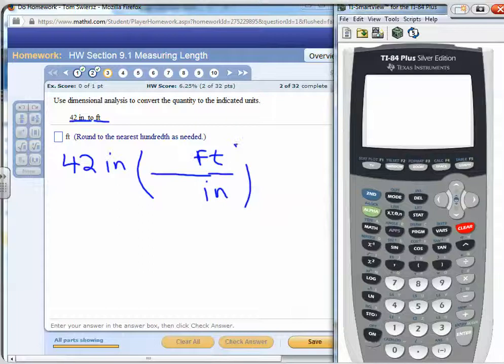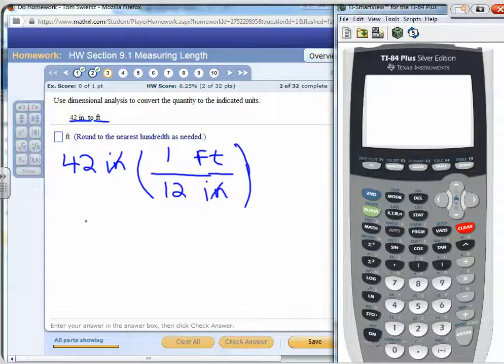Now you multiply, you got to do the equivalence of each of the numerator and the denominator being equal. So remember, for every 1 foot, there are 12 inches. Okay, so that's the equivalent. The inches cancel. Notice 42 times 1, the product of the numerators over the denominator. So the 12's in the denominator, so we're going to divide. So it's going to be 42 times 1, which is just 42, divided by 12.